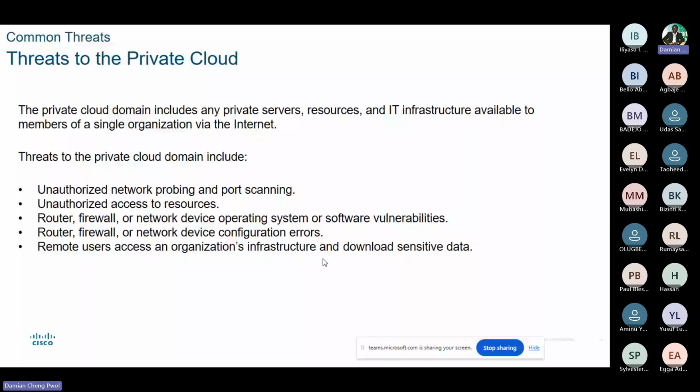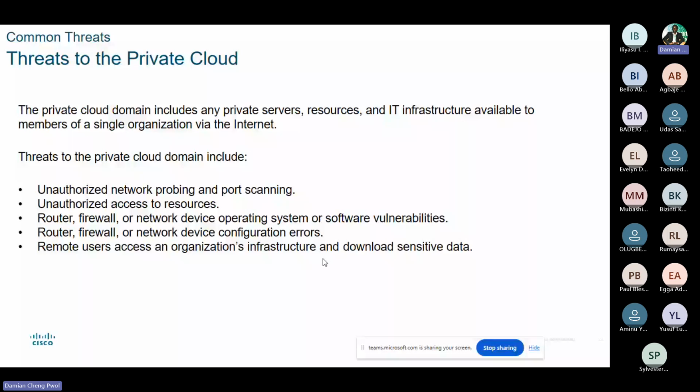For this course, we expect that you already have the basics of networking. In fact, endpoint security expects that you have the basics of networking. You must have done introduction to cybersecurity to be here.